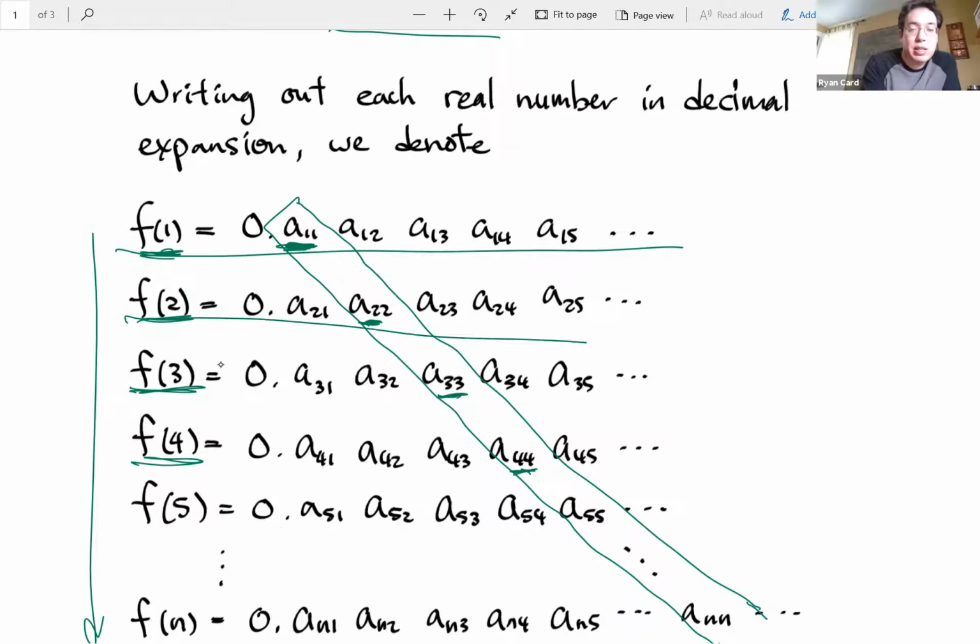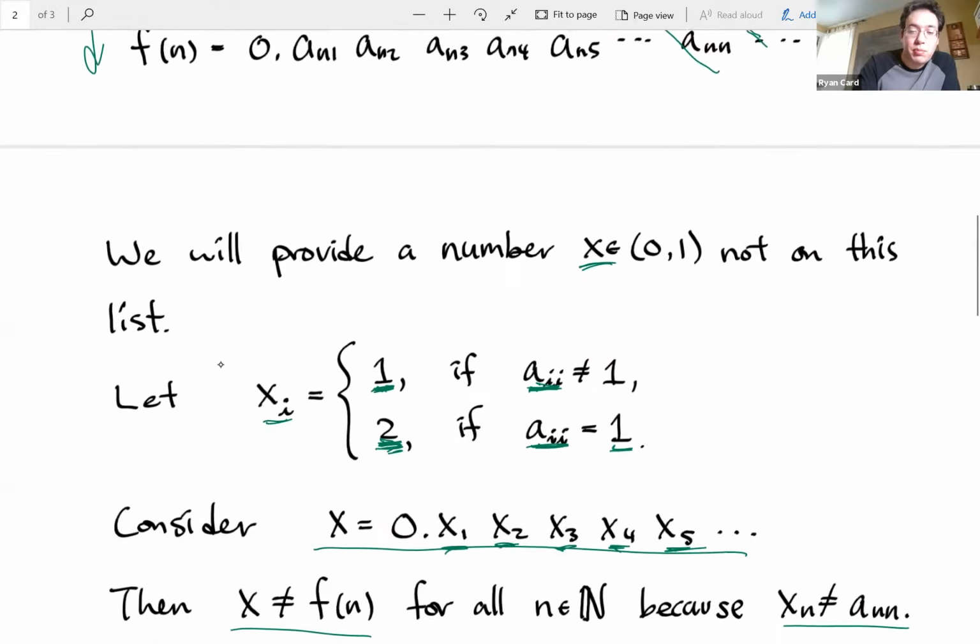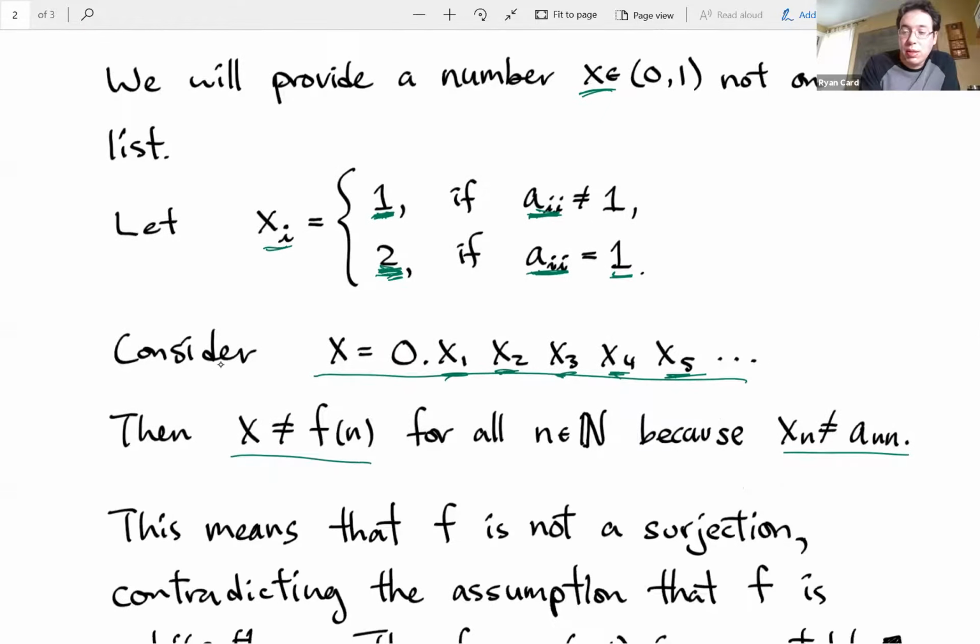It can't be the second number because it differs in the second digit. The only way to be equal is if all the digits match, right? So it is not equal to any element on that list.